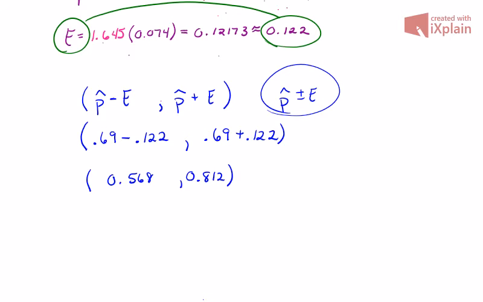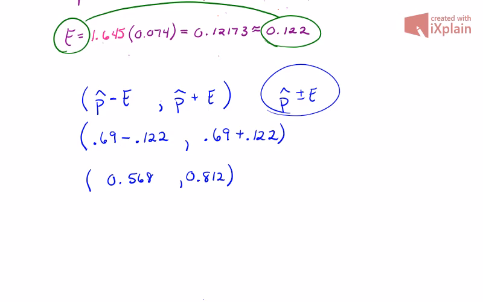So what we are saying in this case is that we are 90% confident that the true population proportion of college students that have jobs is somewhere in between 56.8% and 81.2%.